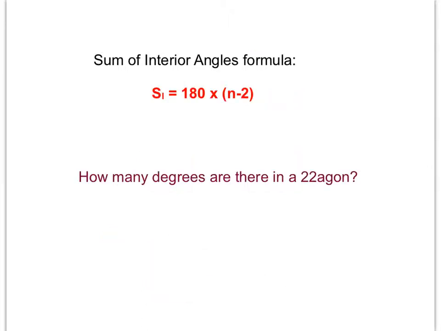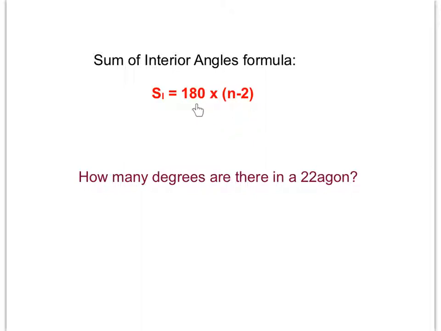So you should have noticed as we were working on our different shapes there, each time we added one side to the triangle, we added one more triangle when I drew our diagonals. So starting with a triangle, the sum of the interior angles is 180 degrees times 3 minus 2, because I make one triangle.